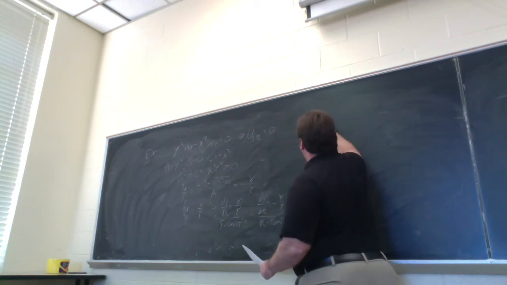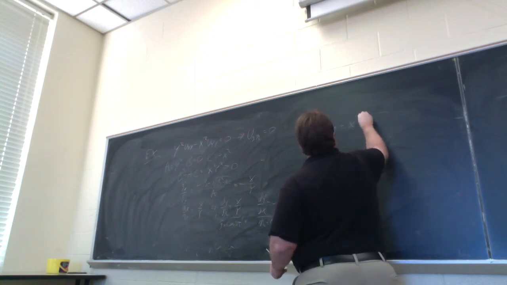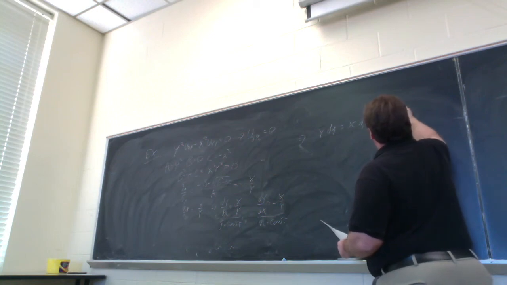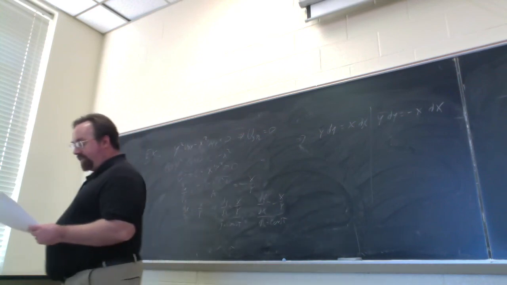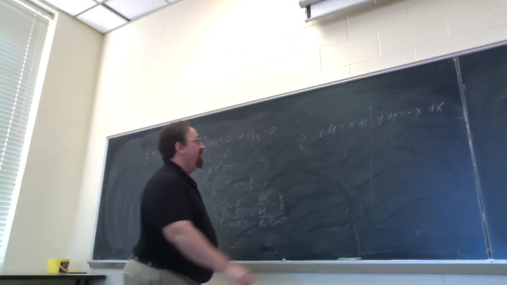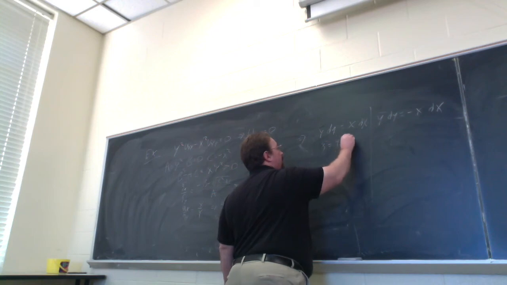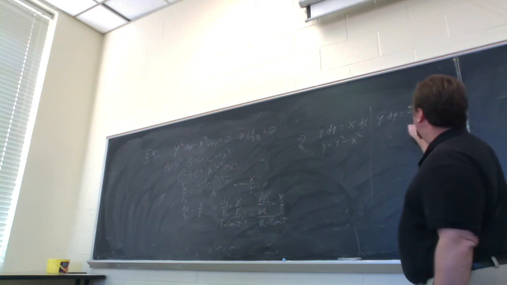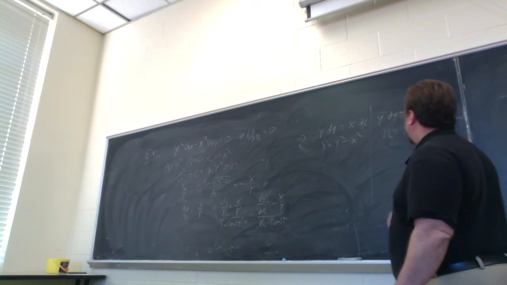For the first one, I have y dy equals x dx. And for the other one, I have y dy equal to minus x dx. All I have to do is integrate both sides. If I integrate both sides of the first, I get xi equals y squared minus x squared. And then for the other one, I integrate both sides and say eta is equal to y squared plus x squared.